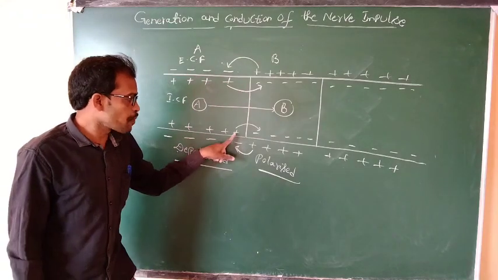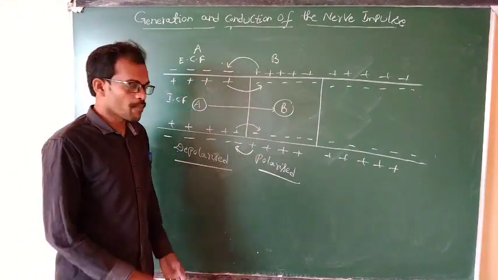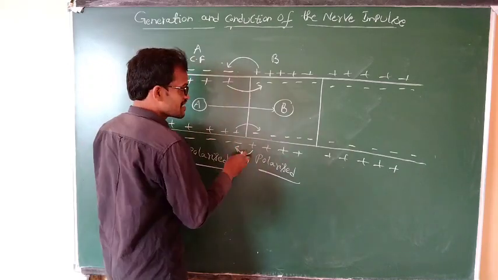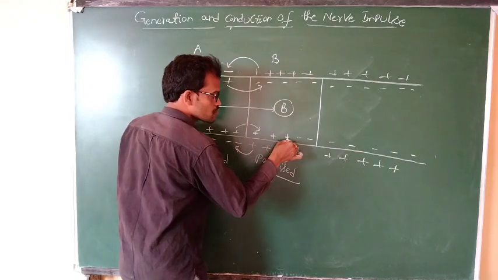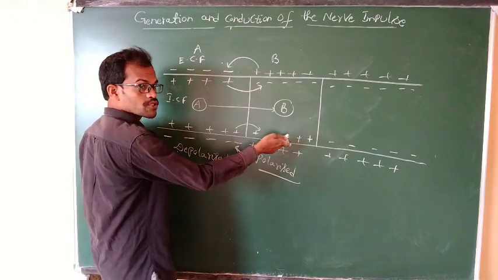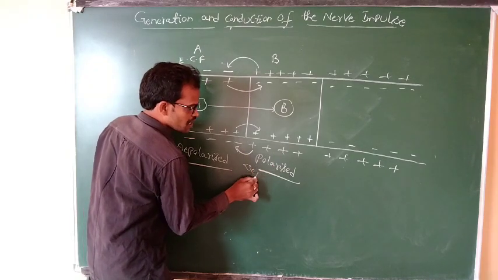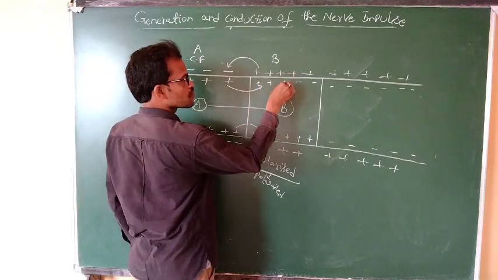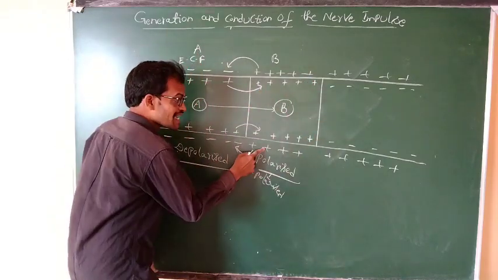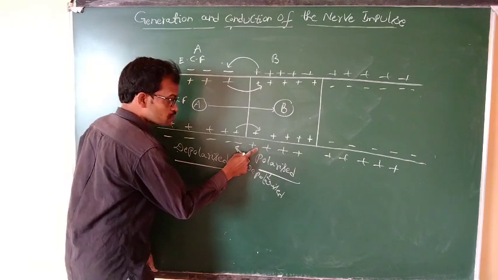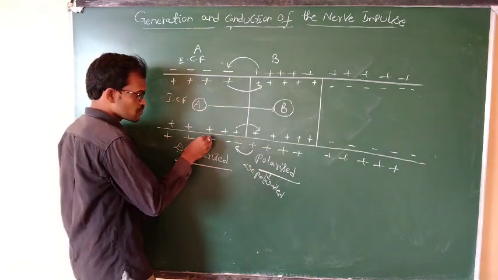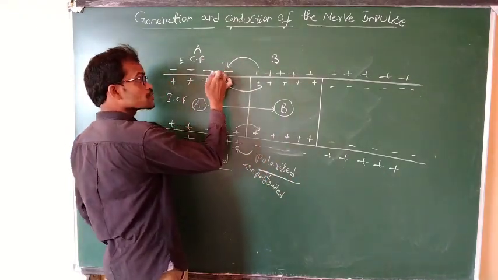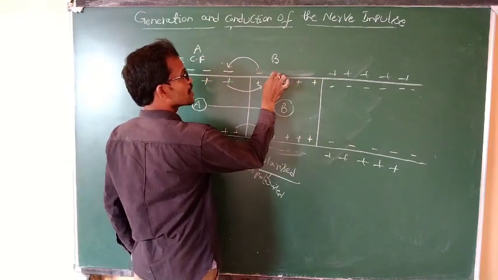For example, the positive ion moves to this side. Here it was polarized, meaning positive outside; this polarized condition is converted to the depolarized condition. All the positive ions move here, so outside is positive, but inside is negative, negative, negative.